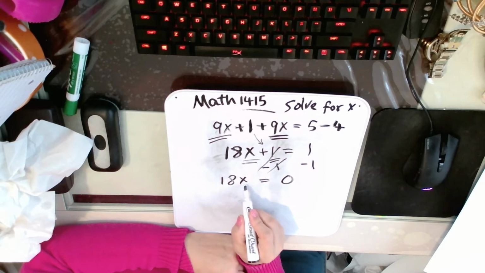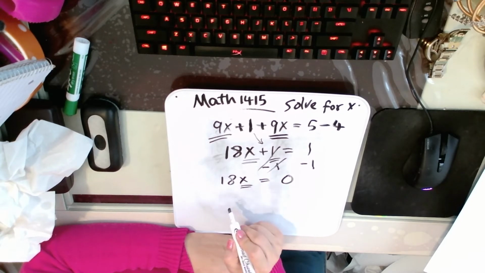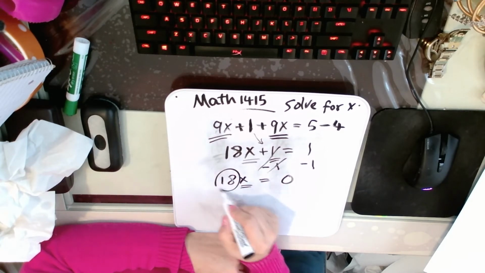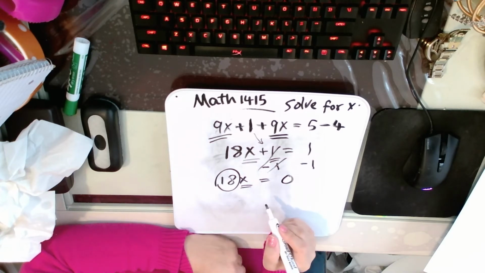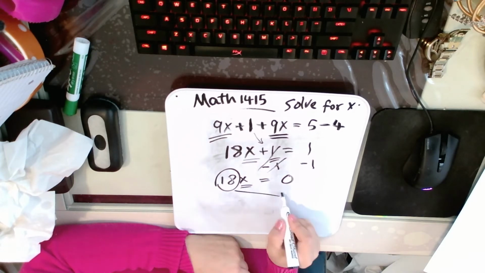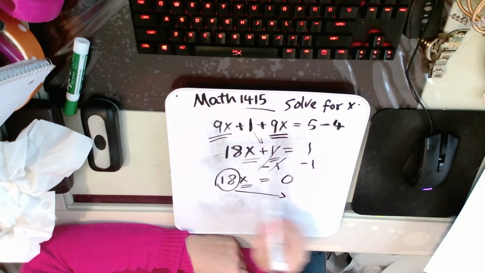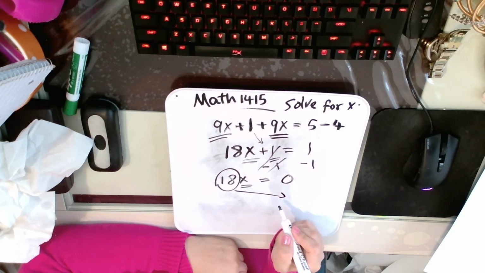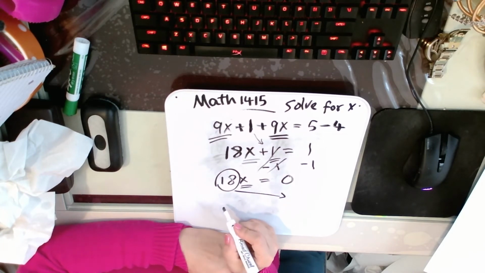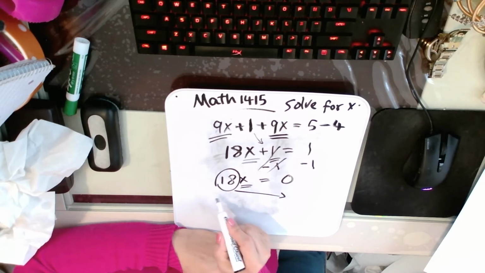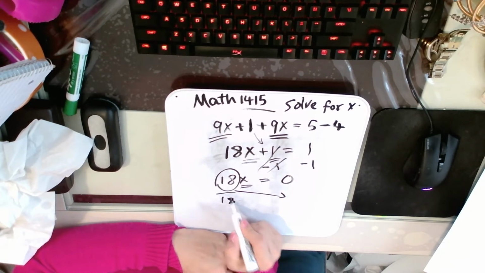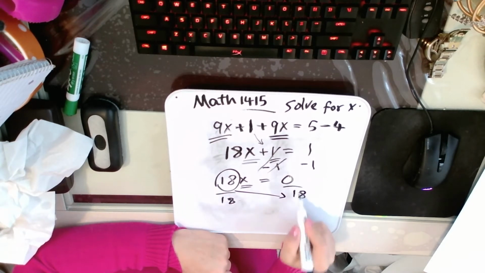So we need x by itself. We're going to move this 18 to the other side by dividing, because it's going to go down here, denominator. Okay, so we're going to divide both sides by 18.